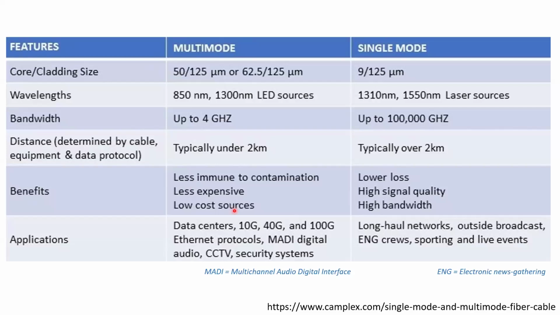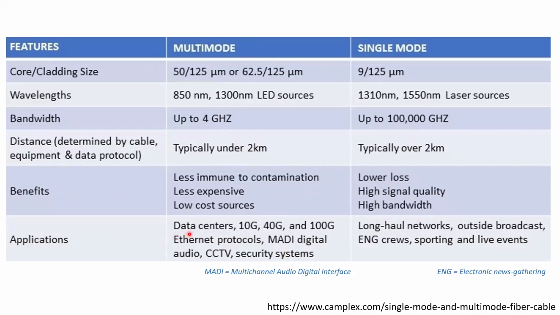And if you're connecting closets, communications closets within the building, you don't need single mode. Although you might want to. Not gonna hurt, but it's gonna cost you more. Well, the benefits of the single mode versus this: lower loss of the signal, high signal quality, and high bandwidth.